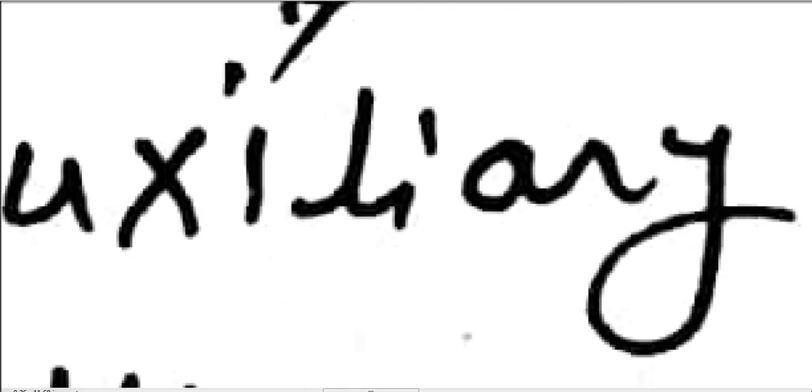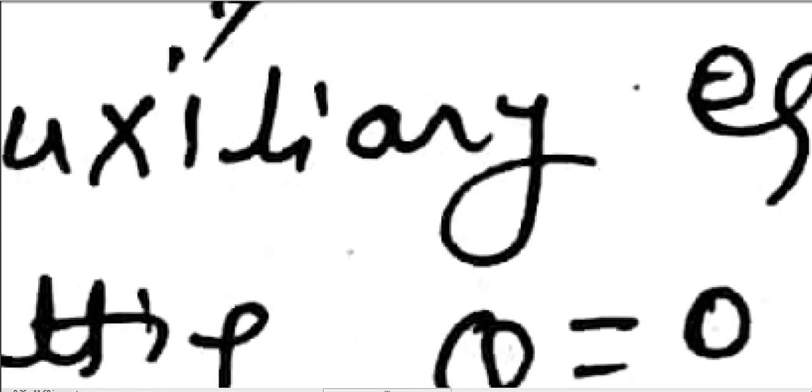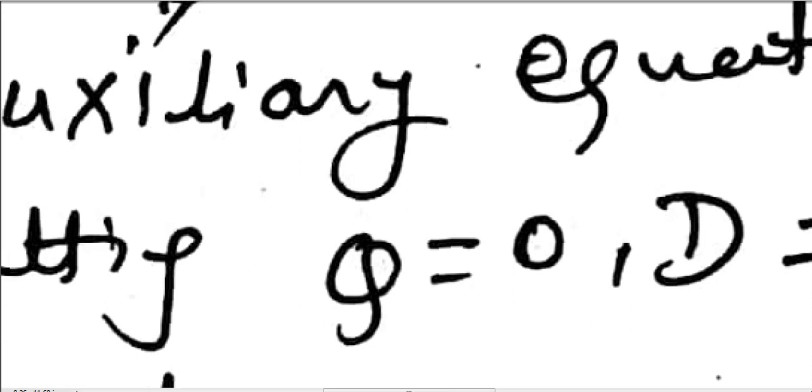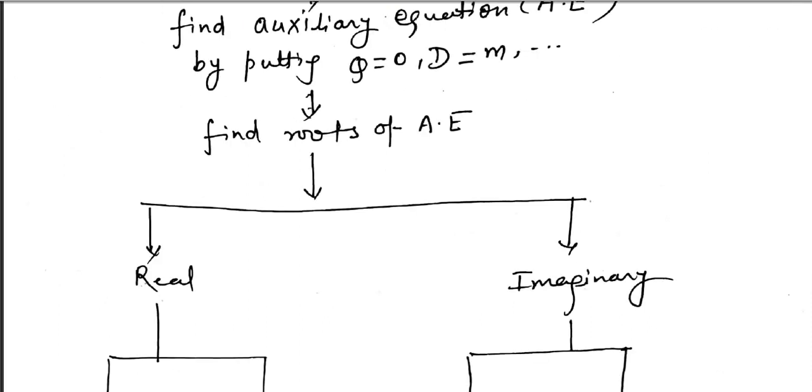To find the auxiliary equation, we put D equal to m and Q equal to 0.